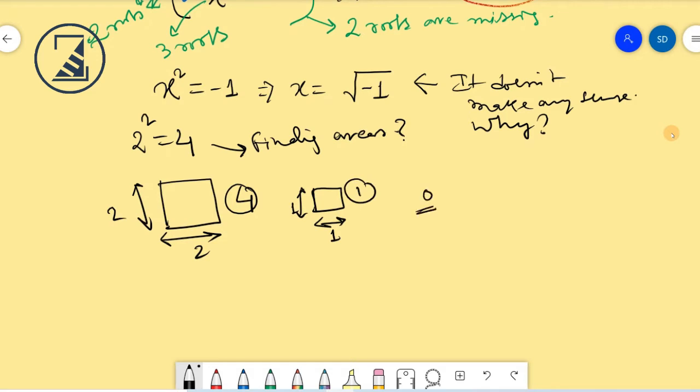If it's 0, that means we have not drawn the square, it's just a point. But what about -1? If we do -1 whole squared, we get 1. Conversely, if the area is negative, that is absurd, which does not make any sense. That's why I was telling that x equal to square root of -1 does not make any sense, because if you view square root of -1 from this angle, square root of -1 will be an absurd quantity to you.